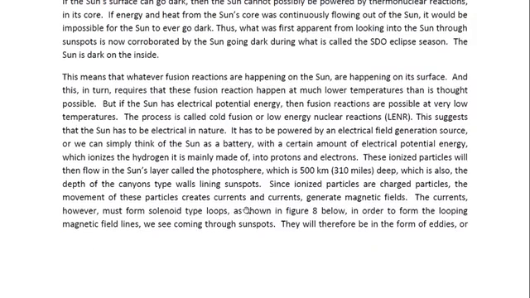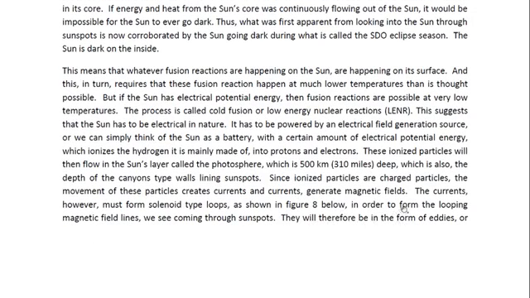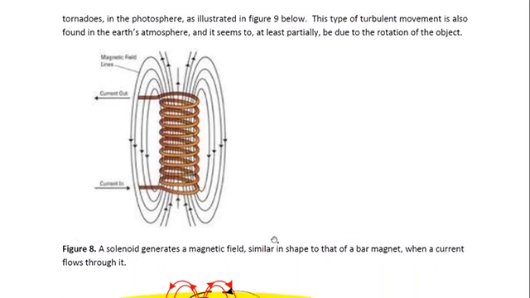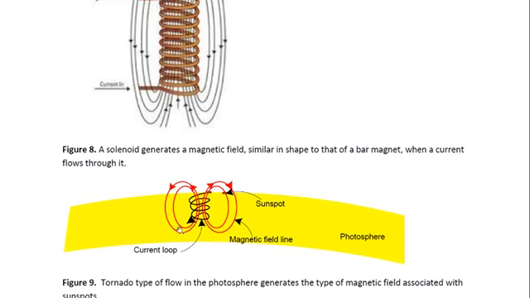And so these types of currents would form eddies or tornadoes in the photosphere, as illustrated below. So we would have these objects flowing like this, in the form of an eddy or a tornado.